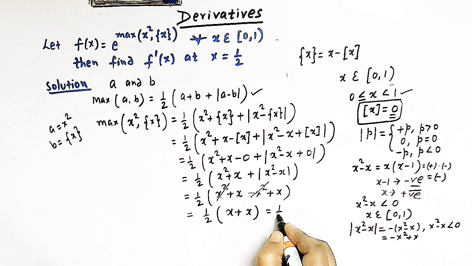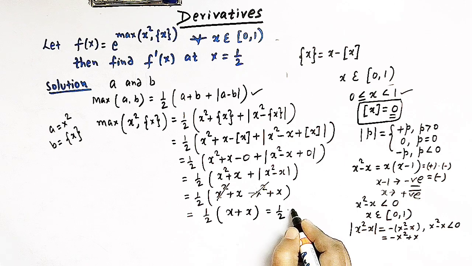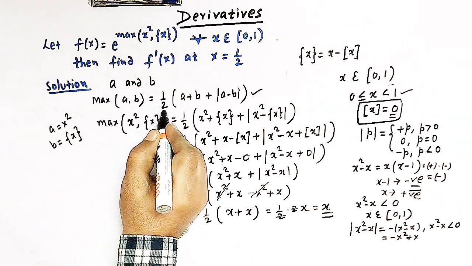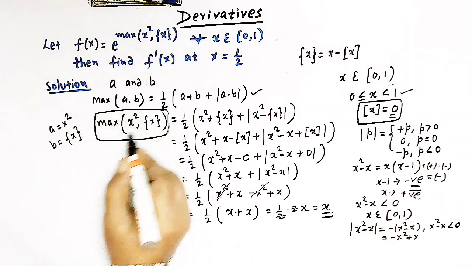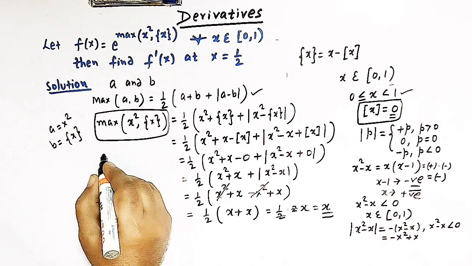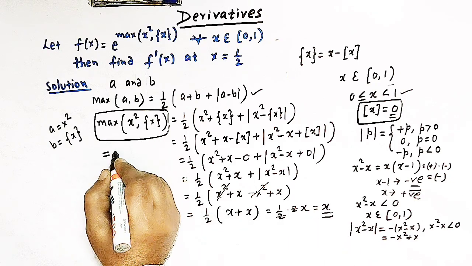So this is half and x plus x is 2x. 2 and 2 get cancelled and we are left with only x, right? So this quantity, that is maximum of x square comma fractional part of x, is equal to x.